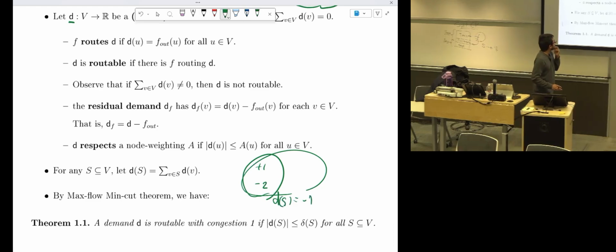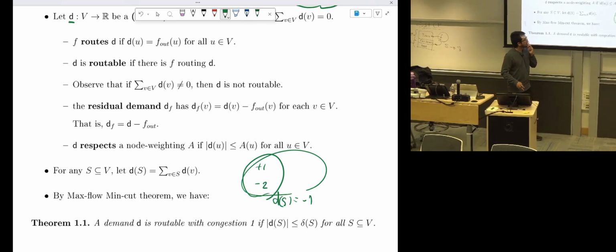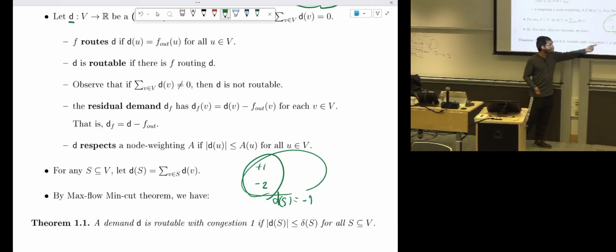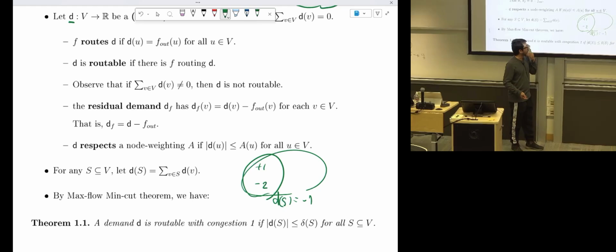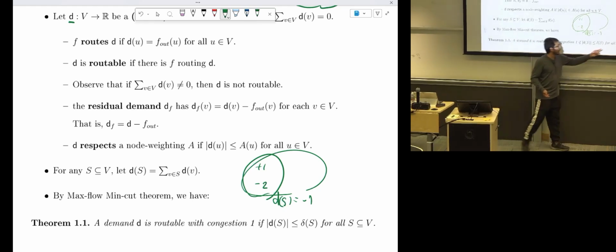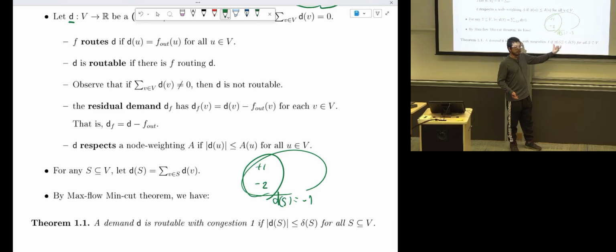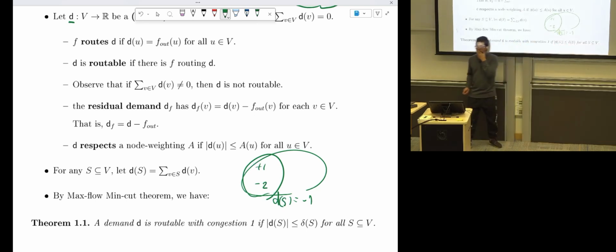Now you can confirm, try to prove this yourself too, that the demand is routable with congestion 1 if and only if for every vertex set S, the total demand in S is at most the cut size.